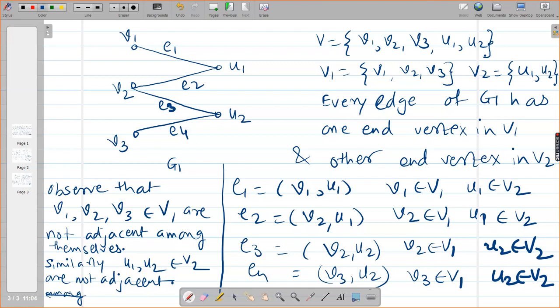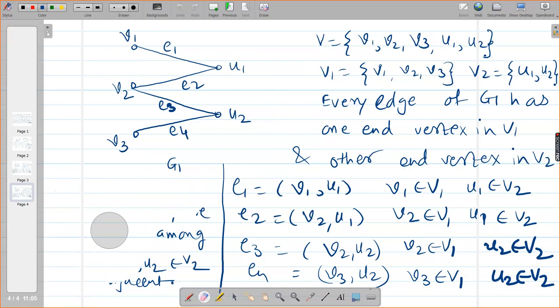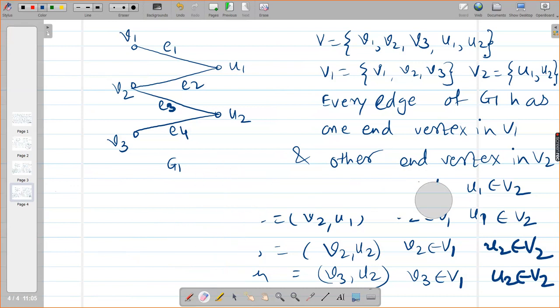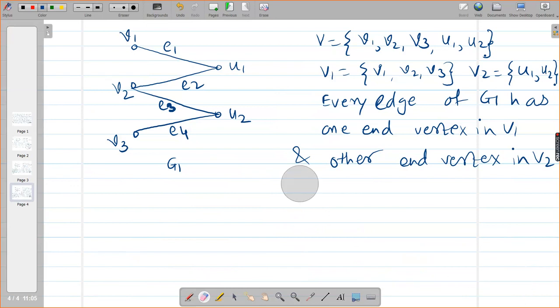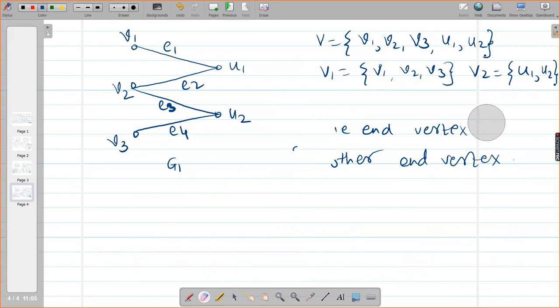Okay, so what I'm doing, I'm just duplicating this page now. Okay, I have got this and I'm erasing this part. Now I'm just modifying it.